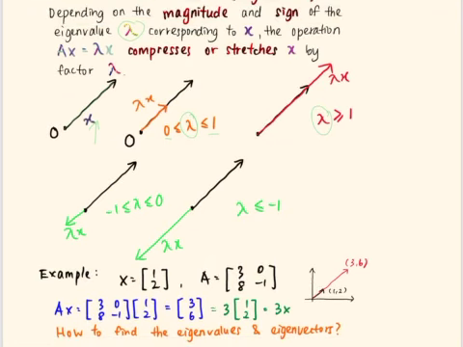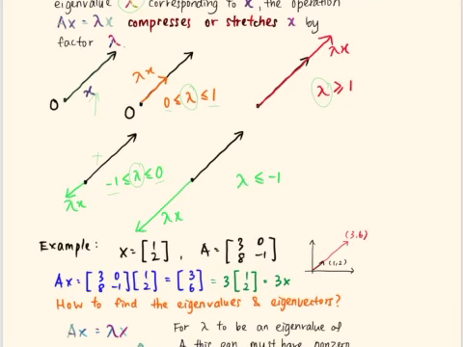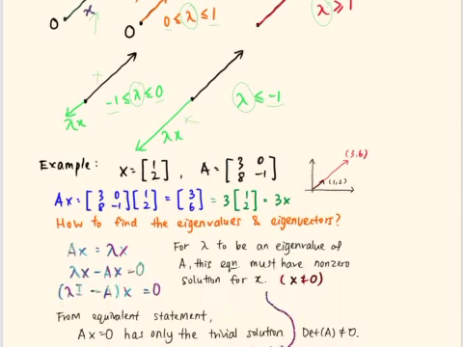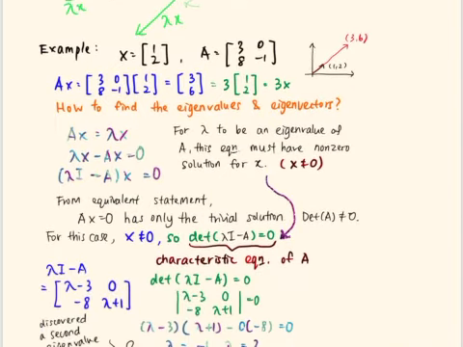When your lambda is between 0 and -1, you have a new vector in the opposite direction of the original vector X, but the magnitude is shorter. And if your lambda is less than -1, you have a new vector in the opposite direction where the magnitude is longer than the original vector X.